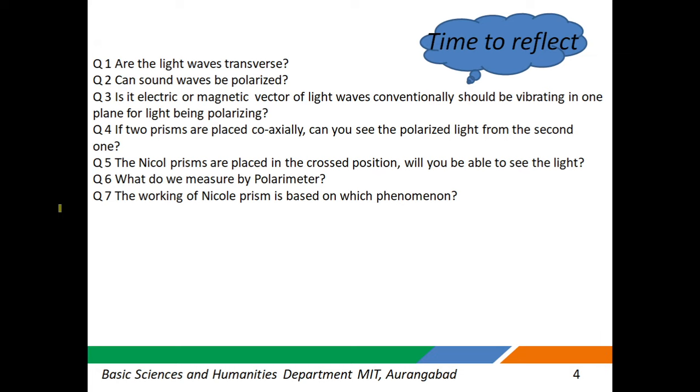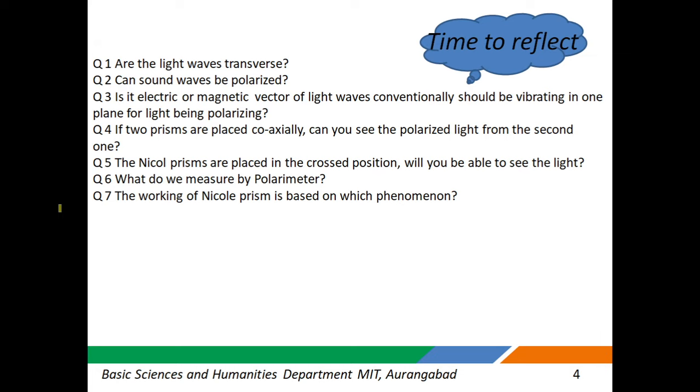Second question, can sound waves be polarized? Third question, is it the electric vector or the magnetic vector of light waves that conventionally should be vibrating in one plane for light being polarized? Question number 4, if two prisms are placed coaxially, can you see the polarized light from the second one?